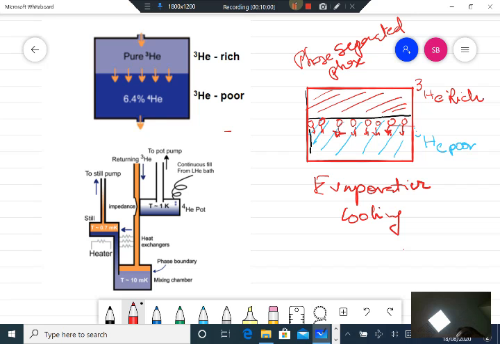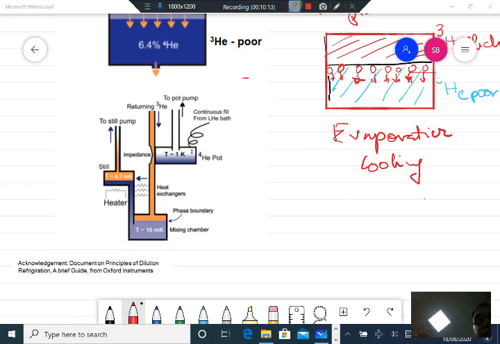If we can remove those molecules, it will lead to cooling of this system. Okay, and that is going to be the principle of the dilution refrigerator. So let us see how the helium-3 molecules which are entering the poor phase are removed.